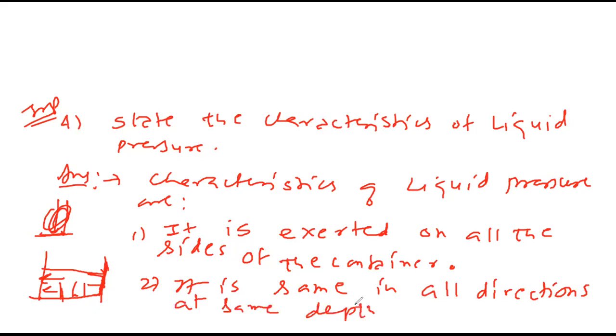What does it mean, same in all directions? It means if this is a container containing liquid, and there is one point, on the right, left, down, all sides, the height from the top is the same.